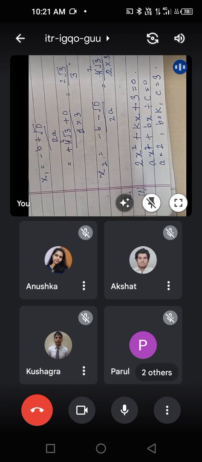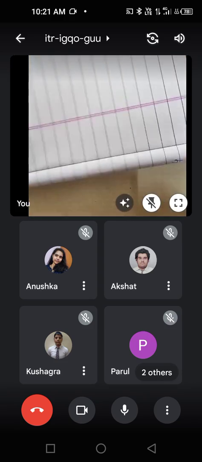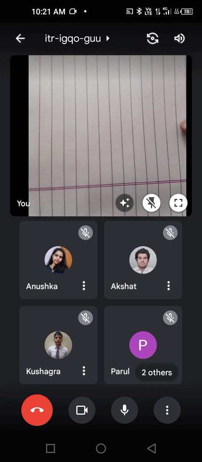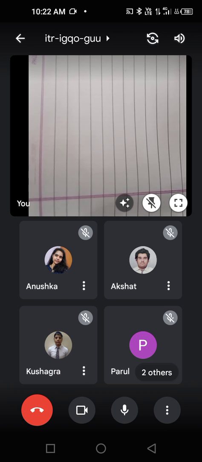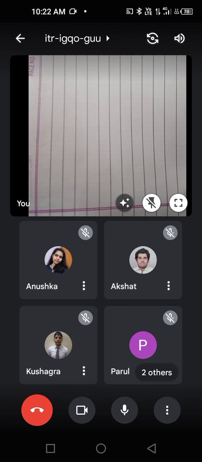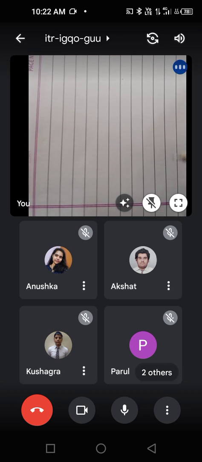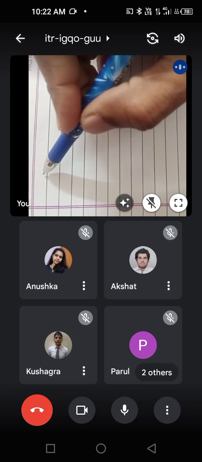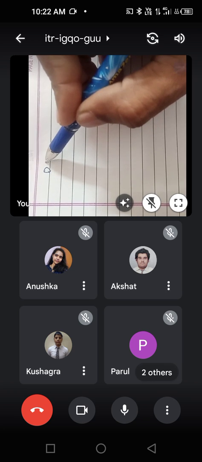Right? A is 2, b is k, c is 3. Now next you see, as we know very well that for the roots to be equal, the condition is the discriminant should be equal to 0. D should be equal to 0.